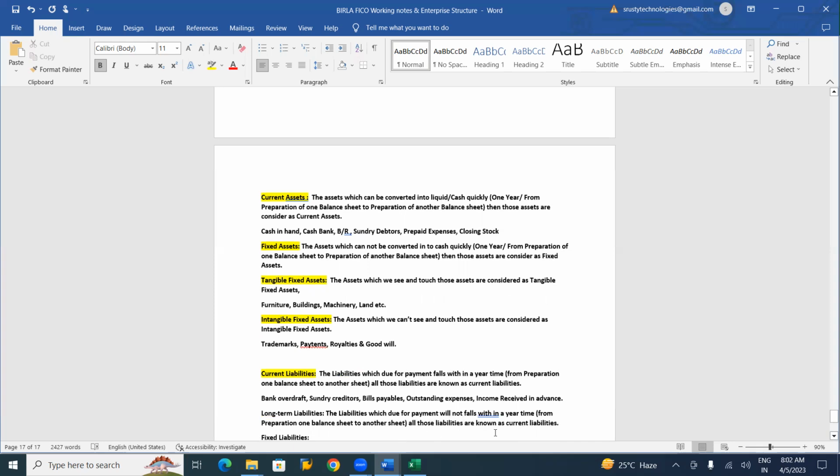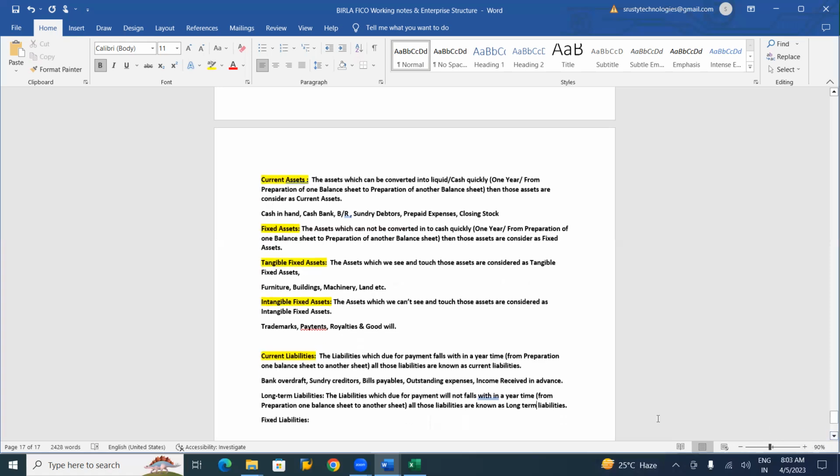All those liabilities are known as long-term liabilities. For example, normally long-term liabilities are your bank loans. We have taken a bank loan. Normally we will take it for 2 years, 3 years, 5 years, 10 years, right? Those kinds of loans.